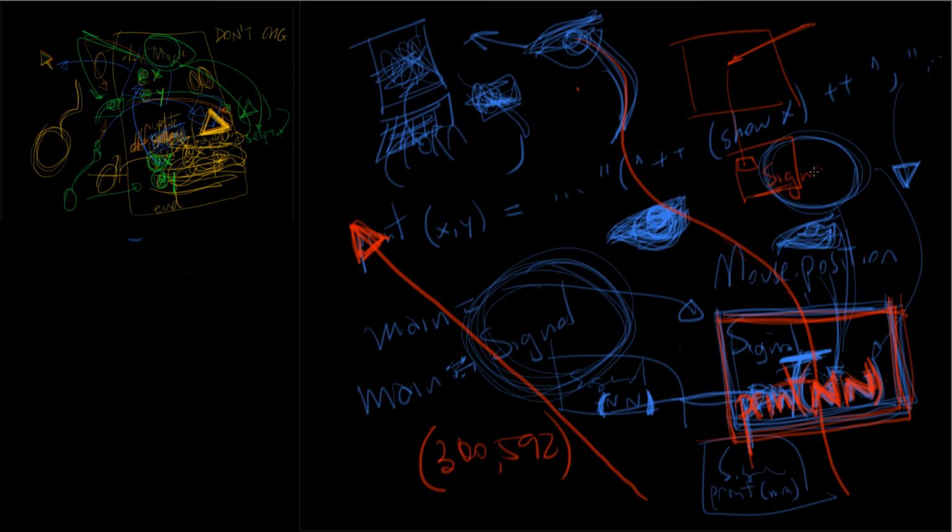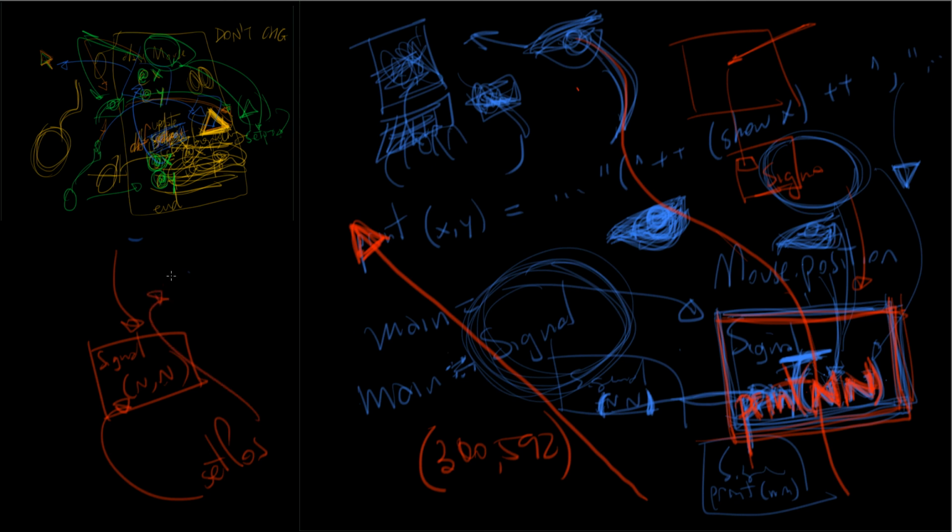So if the port is a signal, that is this signal, right? So now the port is a signal of two naturals. Then all we have to do is insert set pause into the signal. And what is our set pause?